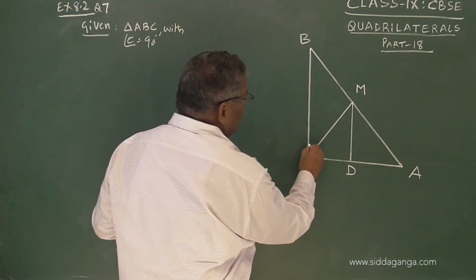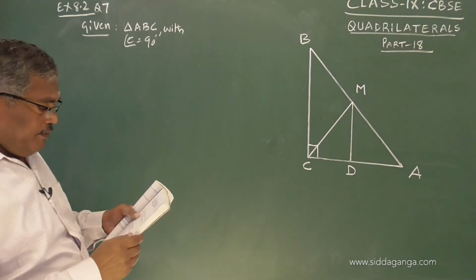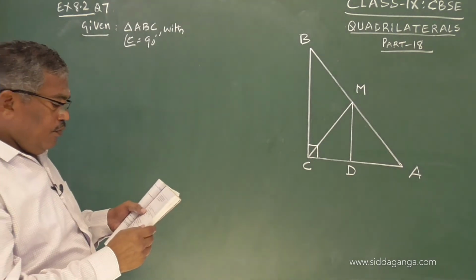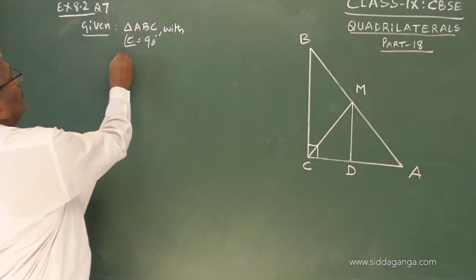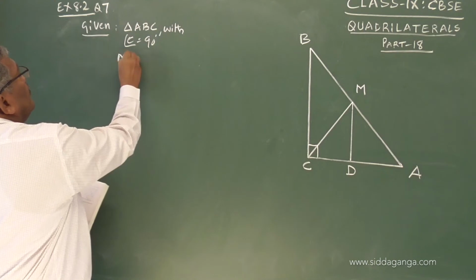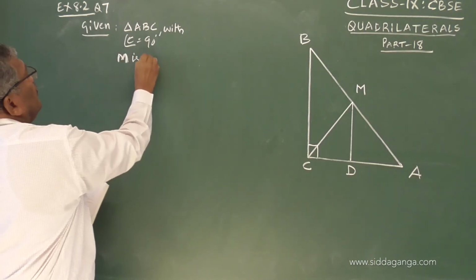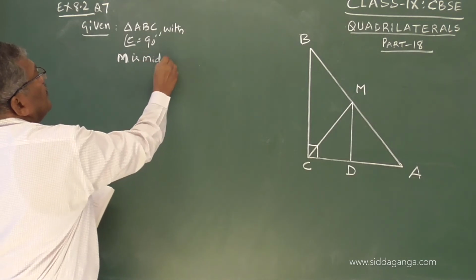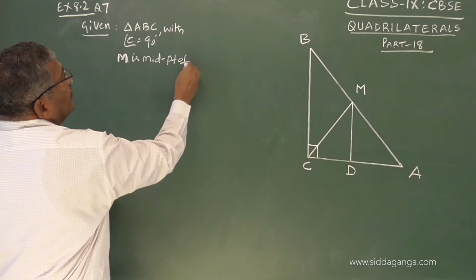See, this total angle is 90 degrees. Through the midpoint M of hypotenuse AB, so M is the midpoint of AB.